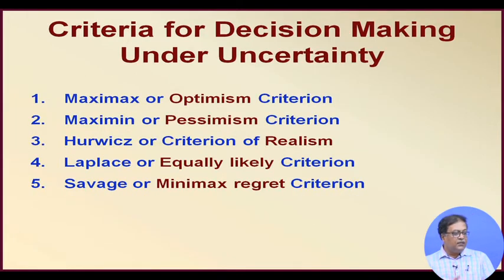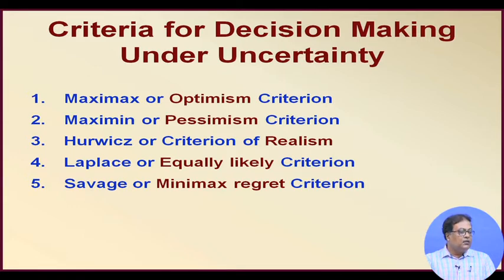So, these are the different types of decision makers, or the decision making criteria, and we shall explain each one of them, but in the very first slide let us see what the different criteria about decision making are. The first one is the Maximax or the Optimism criteria. The second one is the Maximin or Pessimism criteria.